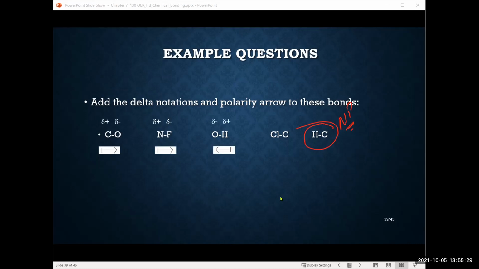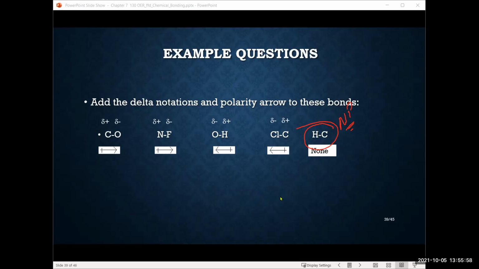We did oxygen before. Oxygen is a lot more electronegative, so we have the delta negative on the oxygen side. And then the carbon chlorine, of course, chlorine is a lot more electronegative than carbon, so it has the partial negative side. Finally, the carbon hydrogen bond, none, because it's nonpolar.